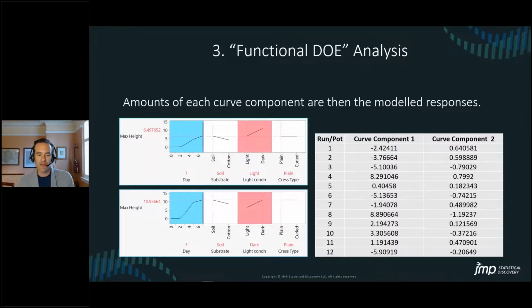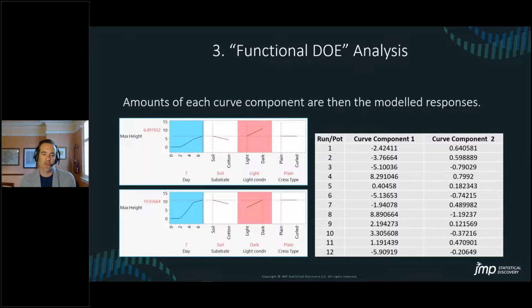You can see the predicted growth curve that we've modeled here in the blue cell, and how that changes as you go from light conditions in the top plot to the darker conditions in the lower plot. So you can actually directly see how changing factors affects the shape of your curve.